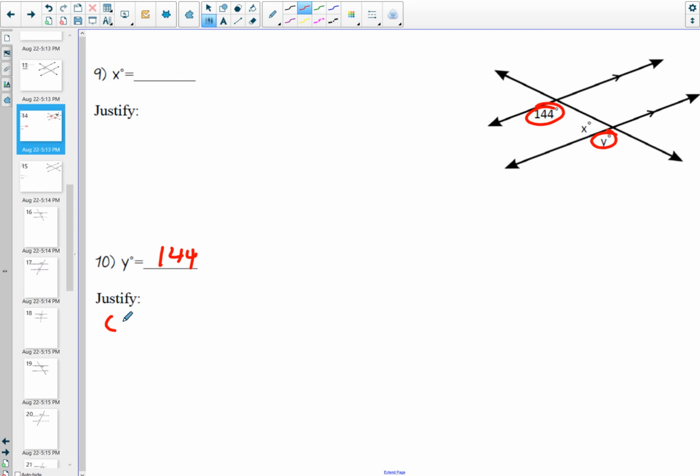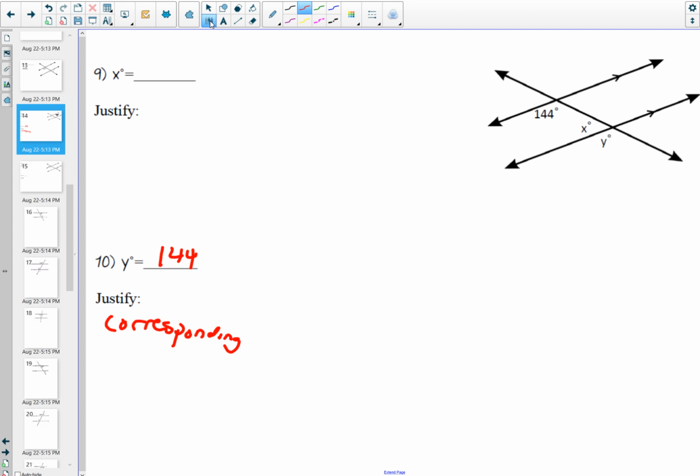Corresponding, good. Now, how about the X? How would I find the X? What's the relationship between the X and the 144? They are going to be supplementary. Sequentially, if you found Y first, you can now say that X and Y form a linear pair.